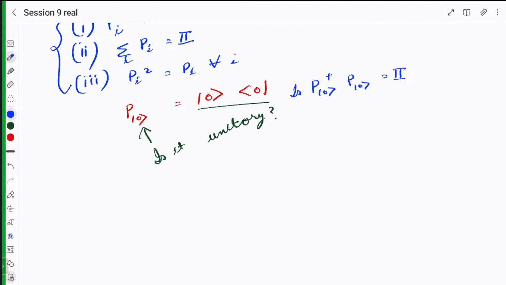Okay, so Anmol says that it is not unitary, but Rajrupa says yes. So do you mean that it is unitary, or do you mean that it is not unitary?